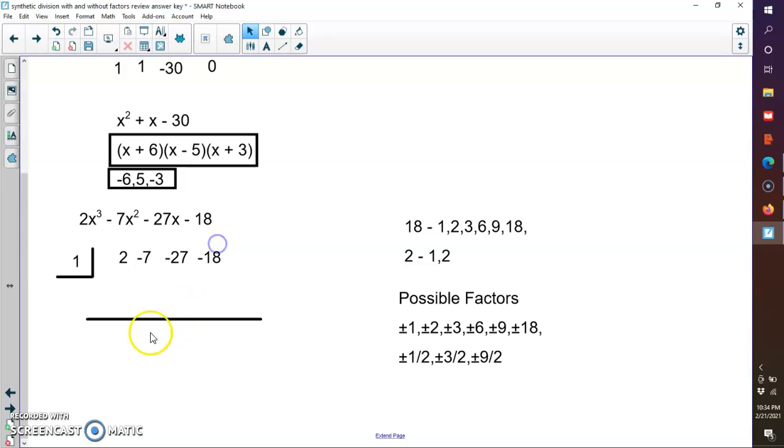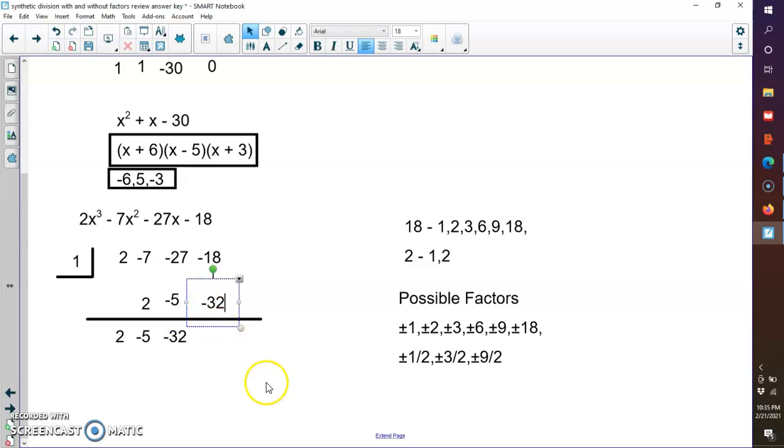So I dropped the 2, obviously, as my first term. 2 times 1 is 2. Get negative 5. Negative 5 times 1 is negative 5. Negative 27 and negative 5 is negative 32. Negative 32 times 1 is negative 32. That obviously does not give us a 0.